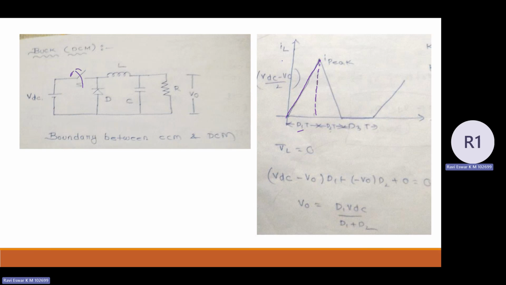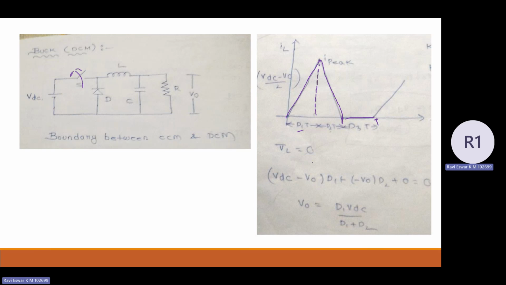Once I turn off the switch, the inductor current is discharging. It does not reach capital T, but is discharged earlier itself. After the inductor current is fully discharged, it remains zero until the time period completes.